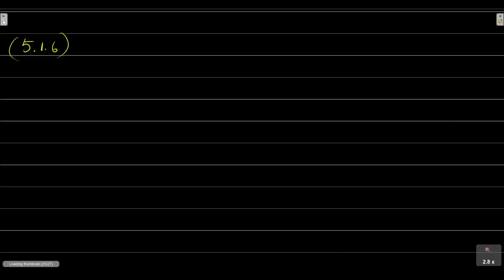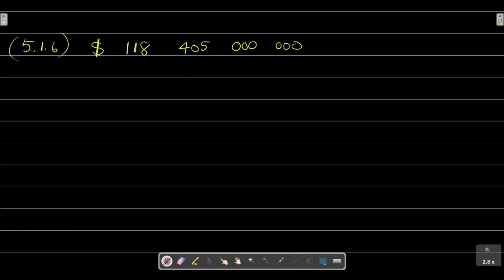I hope that makes sense for you guys. So it is 118 billion 405 million. Because we are at the billions mark, we need to have 9 digits after the 8.